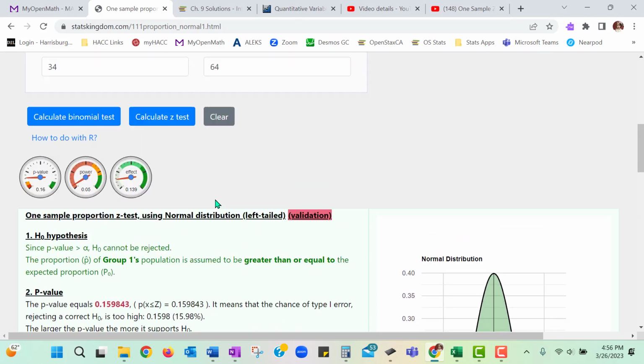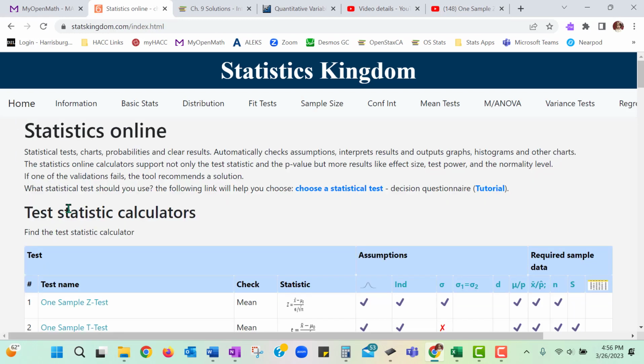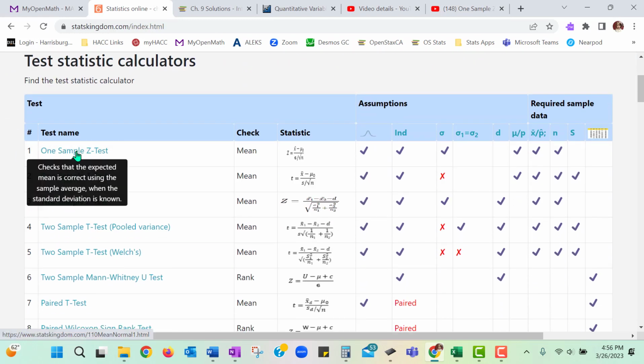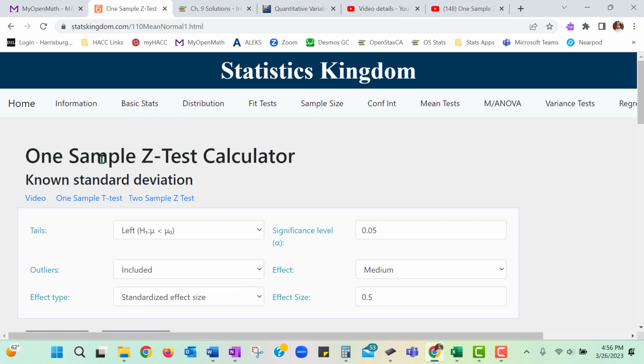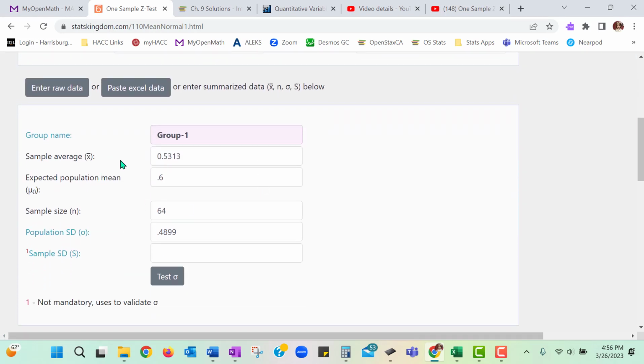I did find that if we go to the one sample z-test and use all of this same stuff, but for the x bar, we're thinking of this as a mean, so our x bar is our p hat, that 34 over 64. And then our mu is 0.6, the p, and then sample size 64.